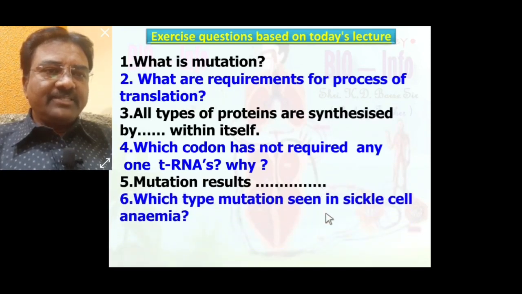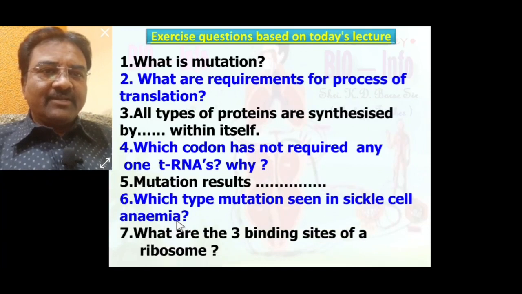Which type of mutation is seen in sickle cell anemia? Point mutation. What are the three binding sites of a ribosome? The P site, A site, and E site are the three binding sites present on the ribosome, especially for tRNAs.